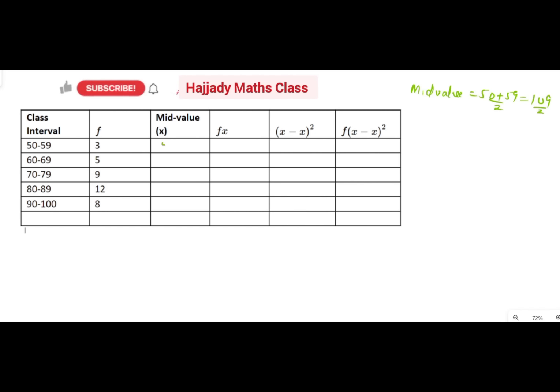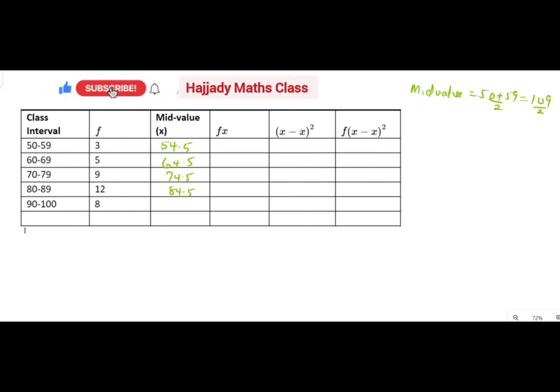So our mid value here is going to be 54.5. If the same thing is done to 60 to 69, here we are going to have 64.5. And here we are going to have 74.5. Here the middle value is going to be 84.5.